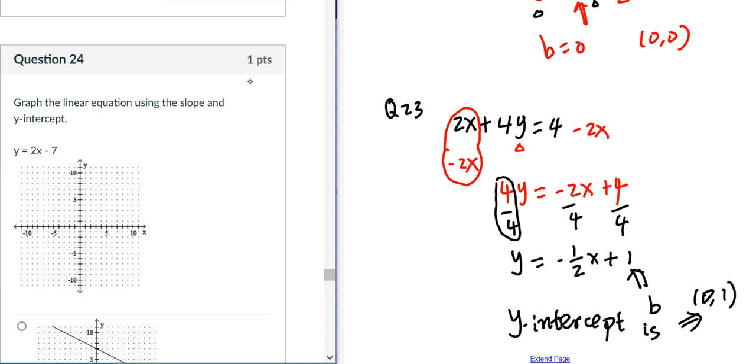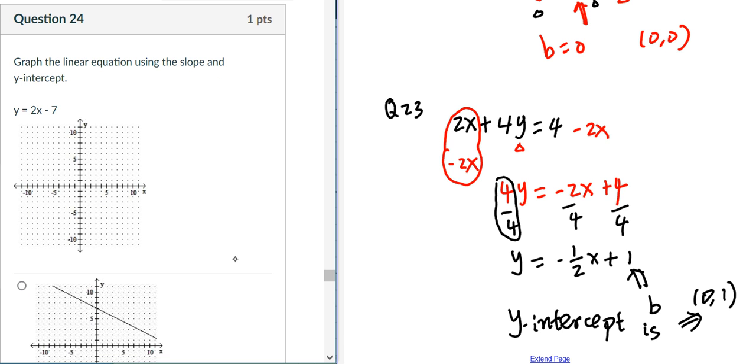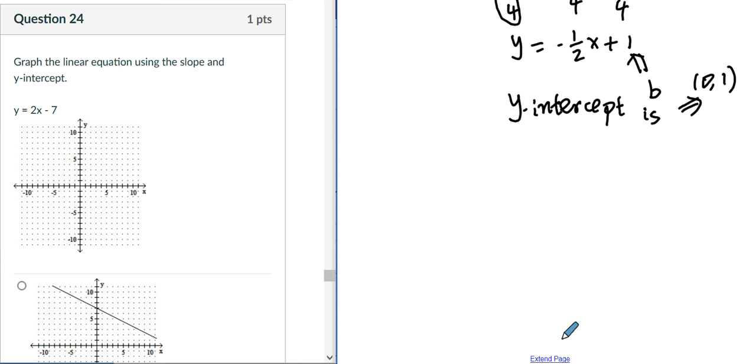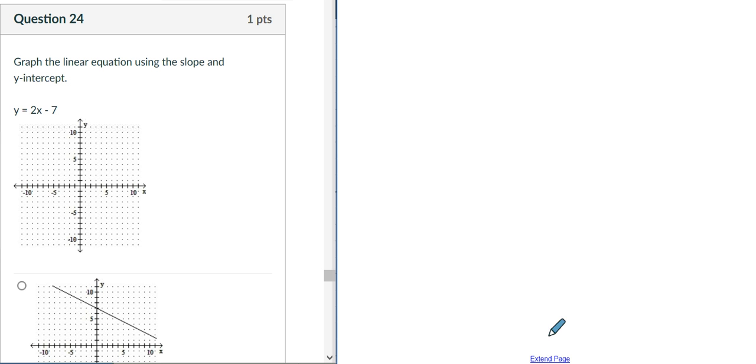Now, this one, we want to graph the linear equation using the slope and the y-intercept. That's our question 24. And we know y equals 2x minus 7. This is the y-intercept, so let's locate that.